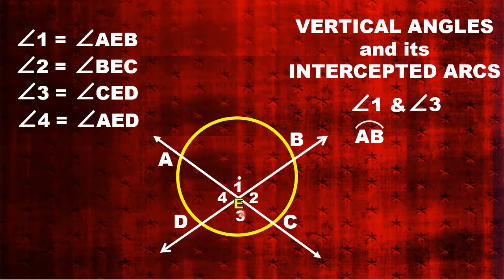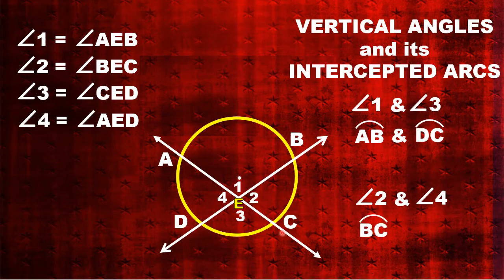And para naman kay angle 3, ang intercepted arc niya ay ito, arc DC. Now, angle 2, ang ka-vertical angle naman niya ay angle 4. And the intercepted arcs are, para kay angle 2, ito yung kanyang intercepted arc, which is arc BC I mean. And para kay angle 4, ang intercepted arc niya naman ay arc AD.